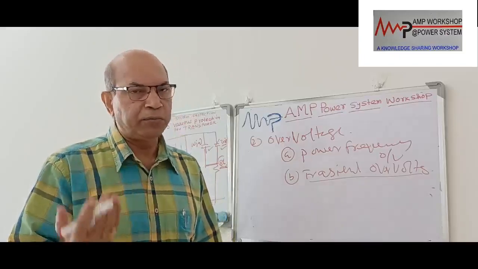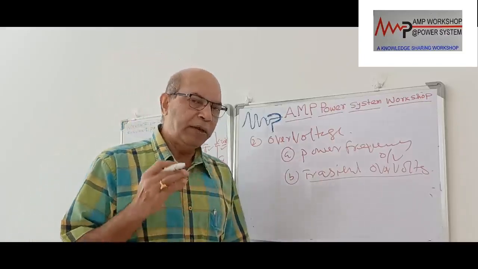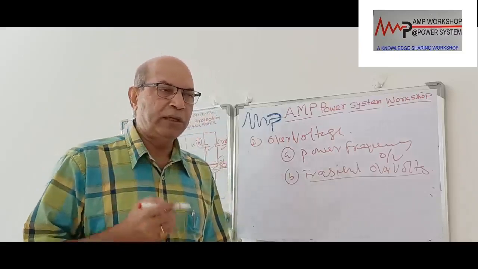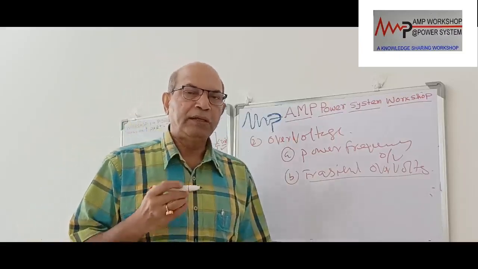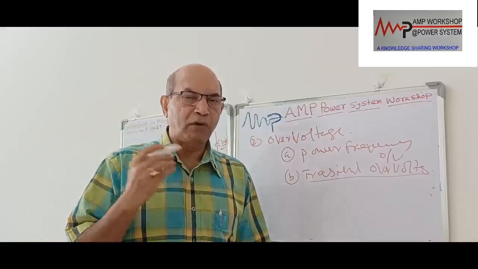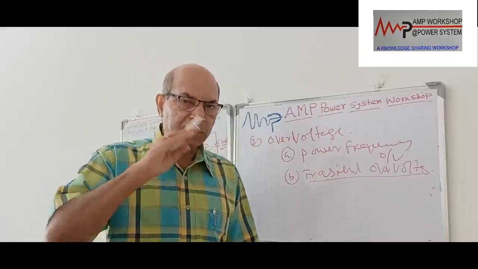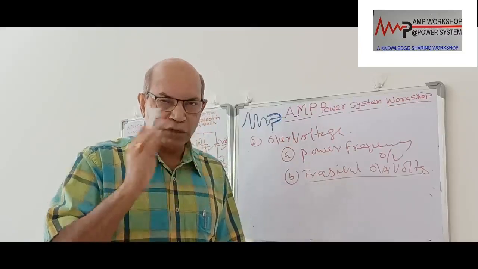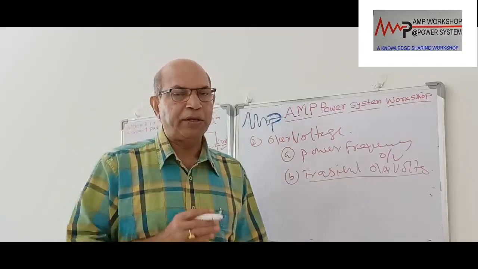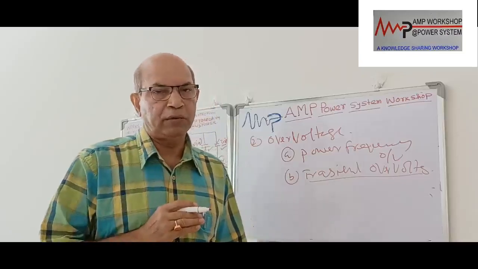It could be the primary or the secondary winding. Similarly, in the case of switching operation, there are several occasions where over voltage can take place. For example, when you are switching the transformer, you will be switching through a breaker, or through a gang operated switch.